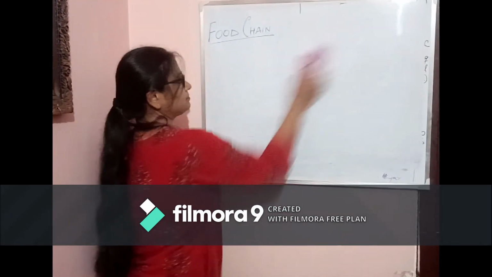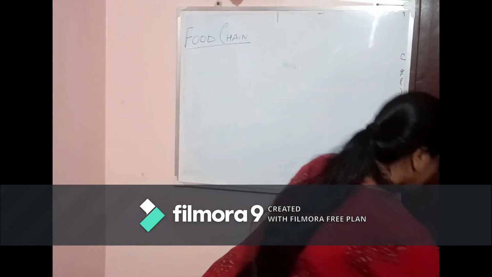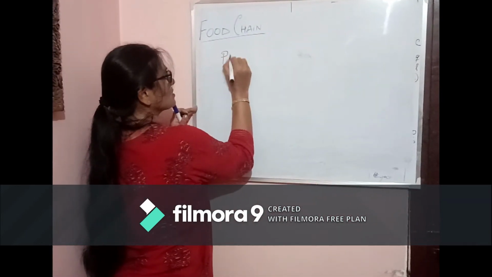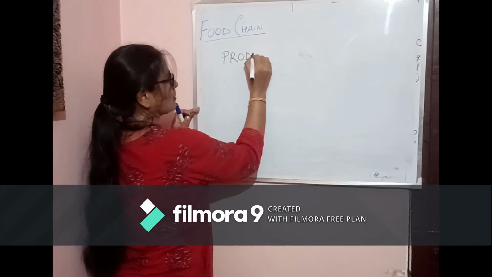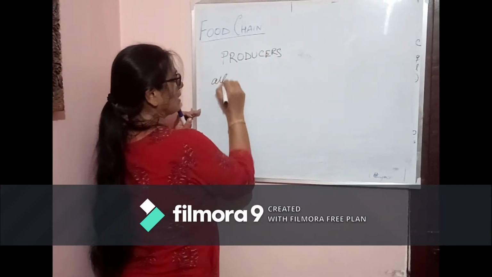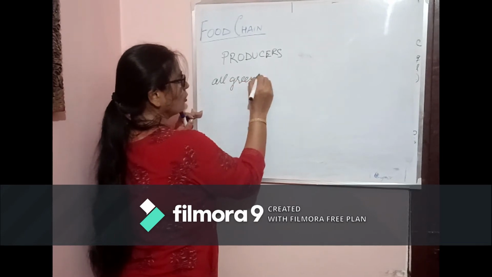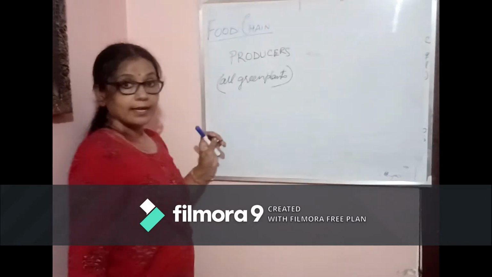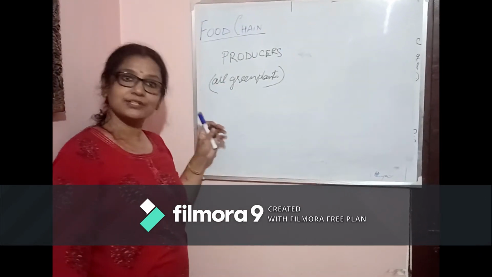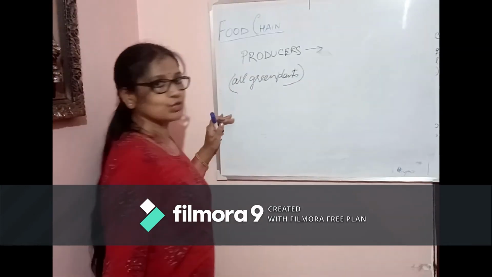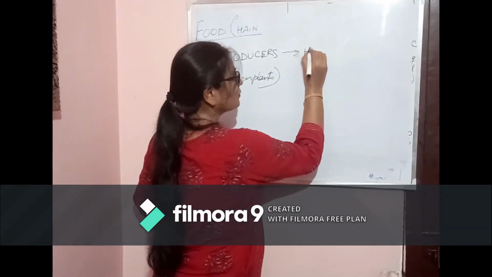Very simple. The producers. Who are the producers? All green plants. They are the producers. These producers are manufacturing their own food. This is being consumed by the herbivores.